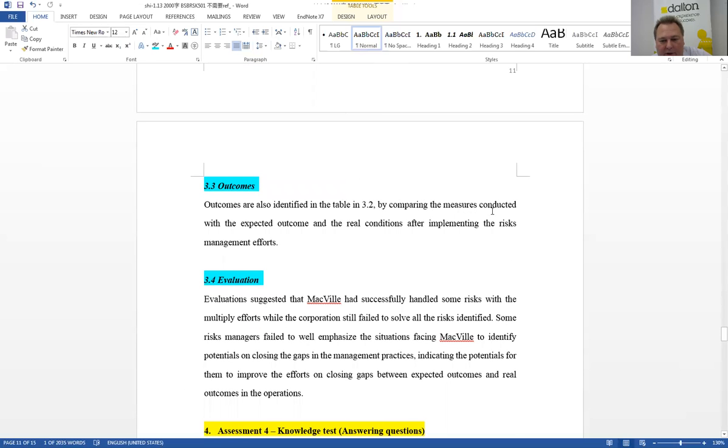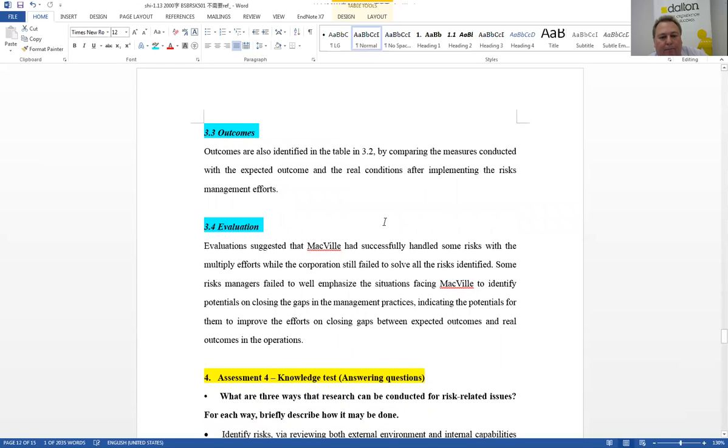By comparing the measures conducted with the expected outcome and the real conditions after implementation of the risk management efforts. And evaluation. Here's what I've listed regarding evaluation. Evaluation suggested that McVille had successfully handled some risks with the multiple efforts, while the corporation still failed to solve all the risks identified.